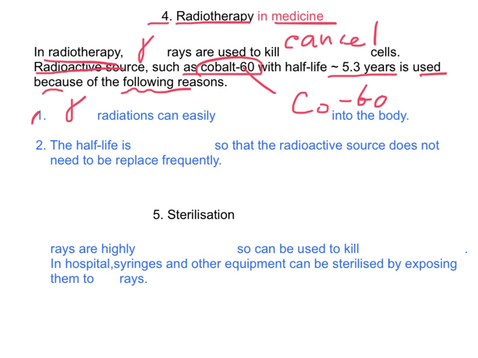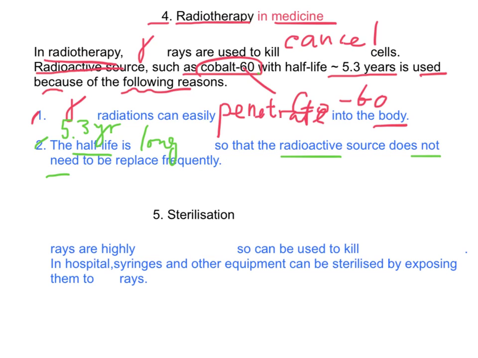First, gamma radiation can easily penetrate into the body. Second, the half-life of cobalt-60 is 5.3 years, which is long enough so that the radioactive source does not need to be replaced frequently, as the activity remains at a high value for a long time.